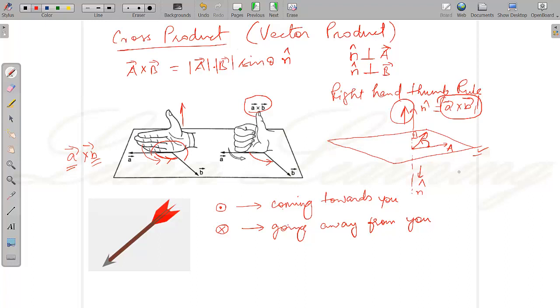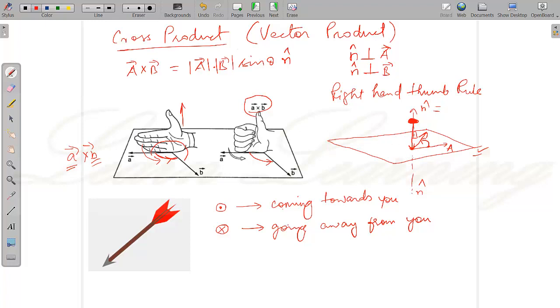There is another rule, called the screw rule, or screwdriver rule. You can keep a screwdriver, or a screw, at this point. You have to keep the screw perpendicular to both A and B, and turn it in the direction from the first vector to the second vector, and see which way the screw is going.